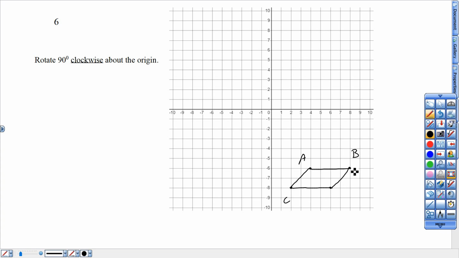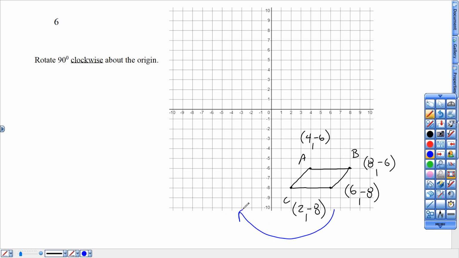All right, I want you to write these coordinates. This is 8, negative 6. Check that, write that. This one is 4, negative 6. Write 4, down 6. This one is 6, negative 8. Write 6, down 8. This is 2, negative 8. If I do a quarter turn to the right, each of those coordinates is going to flip-flop, and the right one, since I'm turning right, it's that right one that's going to be opposited.